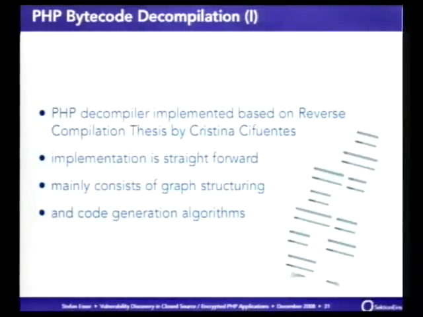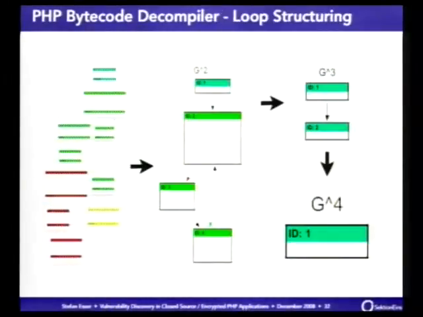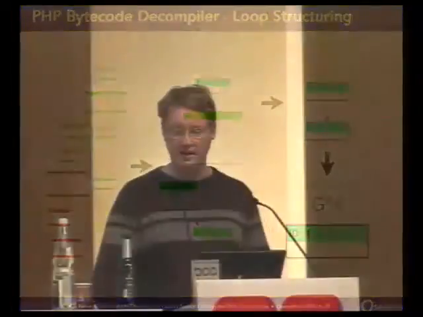To show you how this looks, on the left side you have the code flow graph of some PHP function. You see there are different colors for different parts of the graph, and actually these different parts are graph intervals. The idea is to use graph intervals to find loops and nested loops.